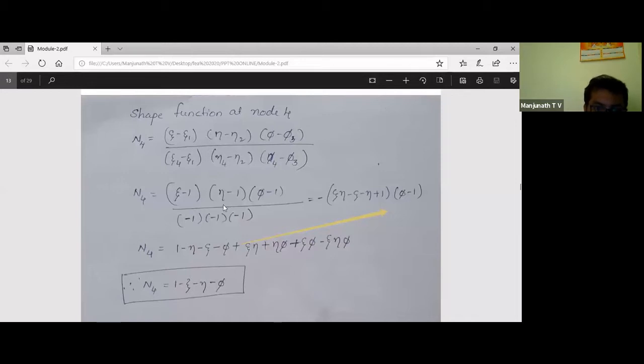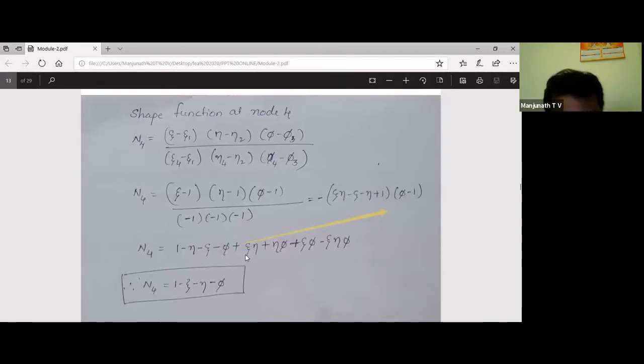Just substitute all the values here and you get this, then do the simplification. Minus 1 into minus 1 plus 1 plus 1 into minus 1 it becomes this. Then just the multiplication: zeta minus 1 into minus neta minus 1, which gives terms like this, into psi plus 1. If you multiply again, you get the equation like this.